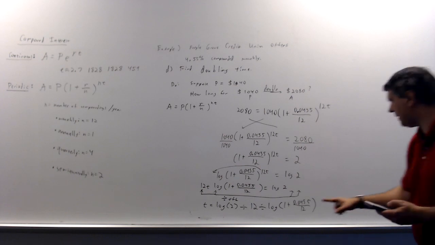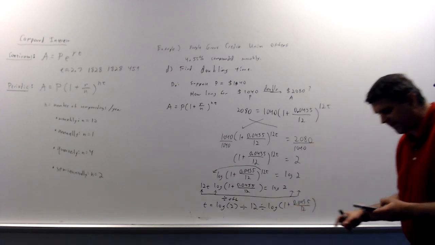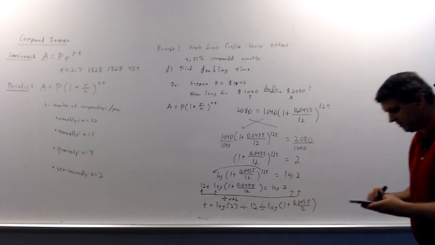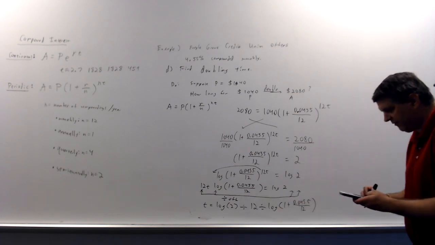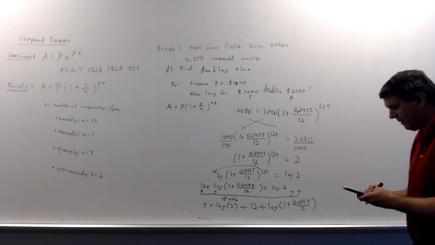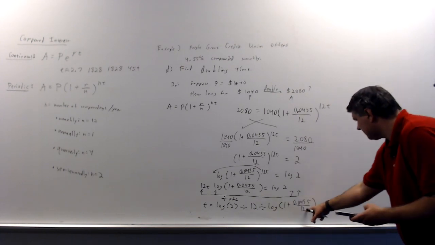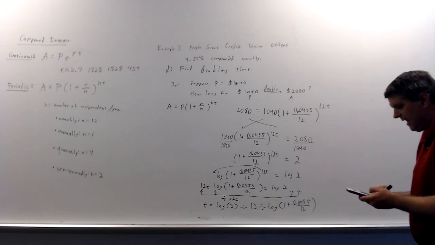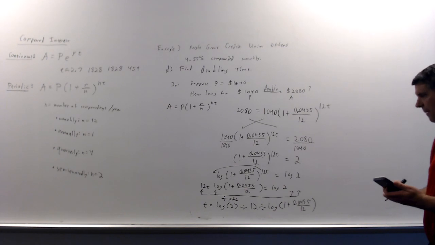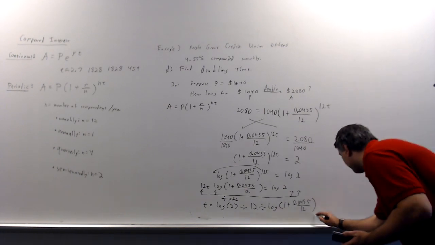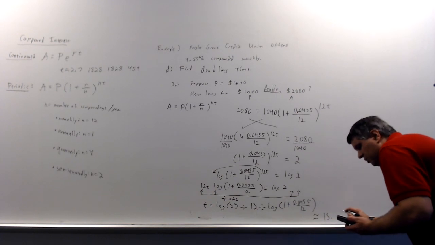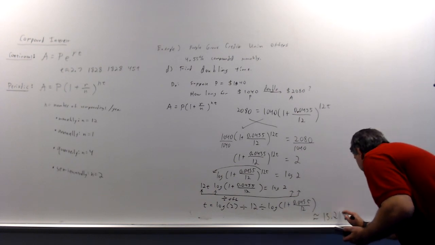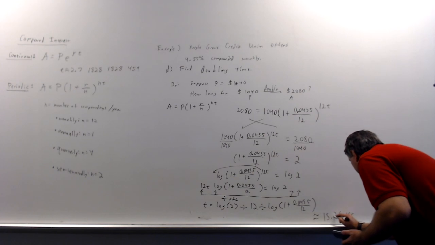Be sure to use a pair of parentheses. 1 plus 0.0455 divided by 12, balance the parenthesis, hit enter or equal. I'm looking at approximately 15.26 years. Okay?